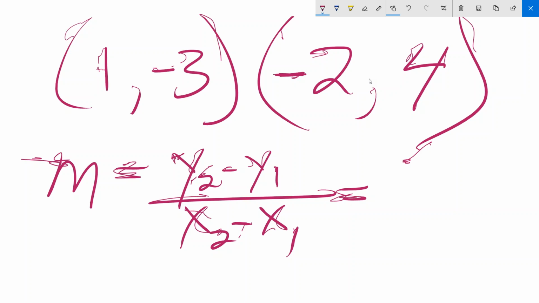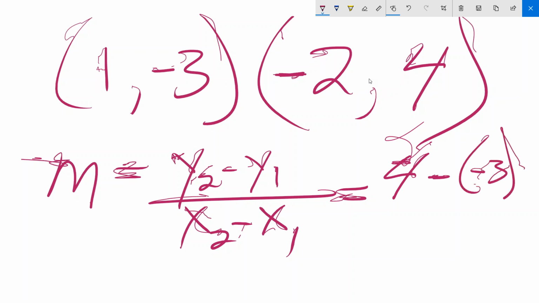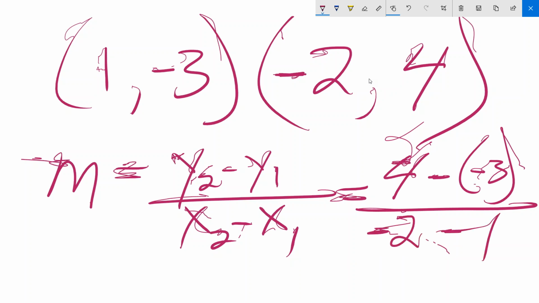Seven over negative 3. Okay, what I want you to tell me is it's 4 minus a negative 3 all over minus 2 minus 1. Is that not what it is?